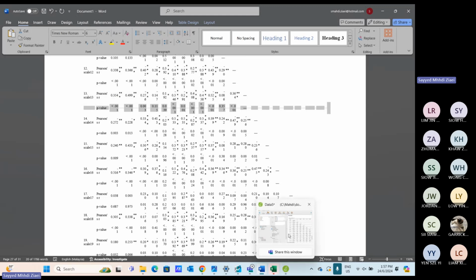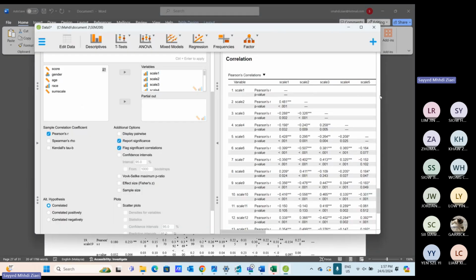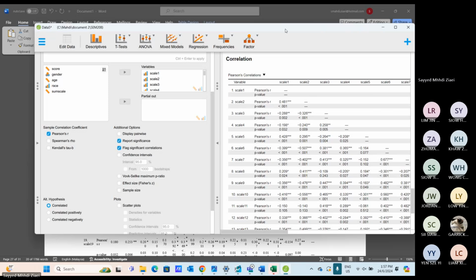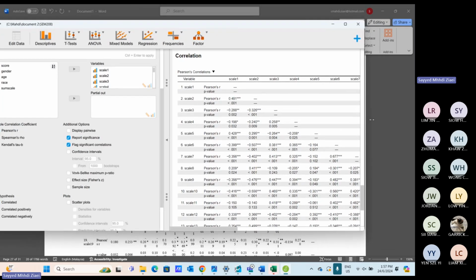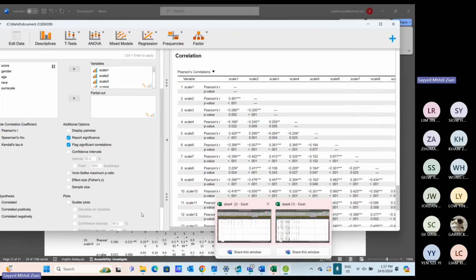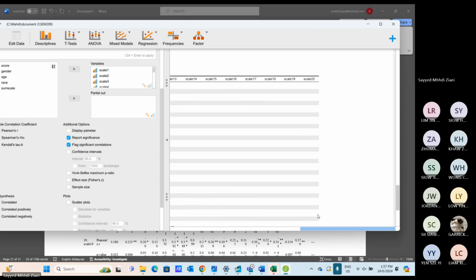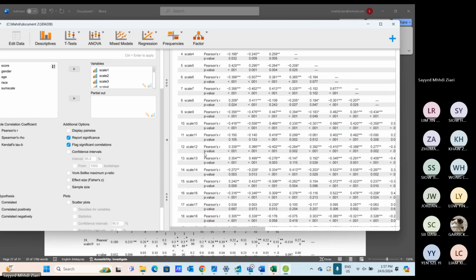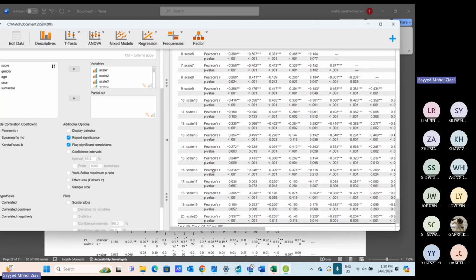You can check one by one and see which coefficients are significant. So we have 20 scales, and you can find significant coefficients.